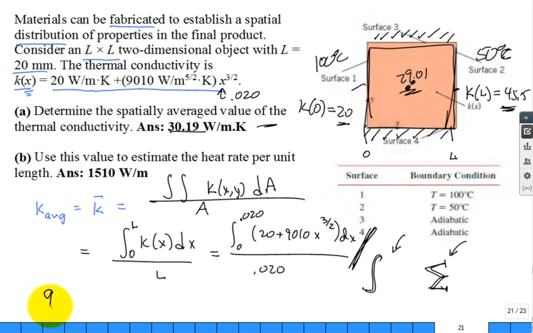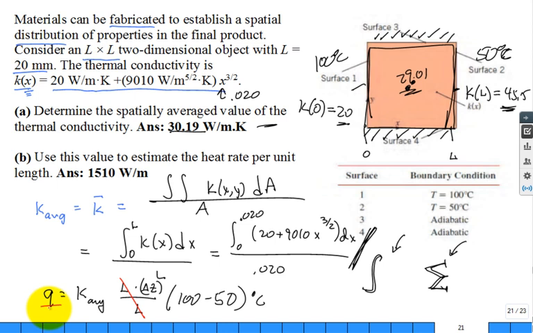You just have that Q is equal to the K average, then you have the area, which is your length, times delta Z, divided by my length, which is also L, times the temperature on one side, 100, minus the temperature on the other side in degrees C. The lengths cancel.